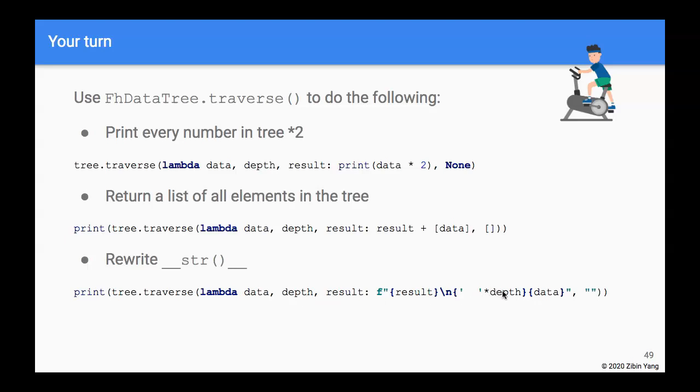The indentation is proportional to the depth, and then we'll put the data at the end of that indentation. So that's it, and we start the result. The starting result will be an empty string, right? We haven't visited any nodes yet. I hope you can now see the usefulness of the traverse method, because we have replaced the fairly long and recursive dunder string with just a traverse and a one-line lambda function.